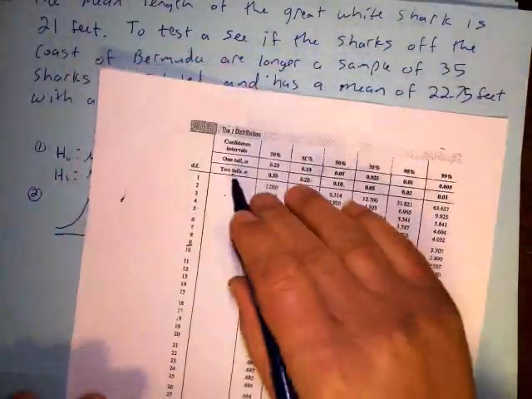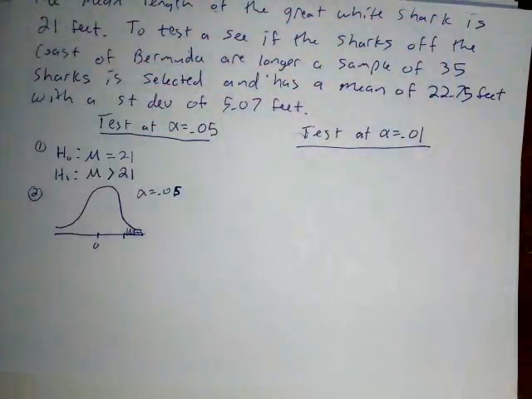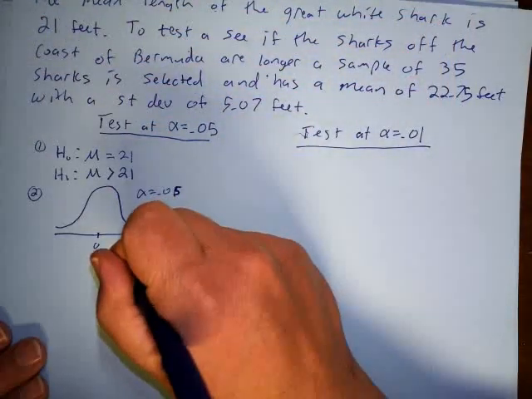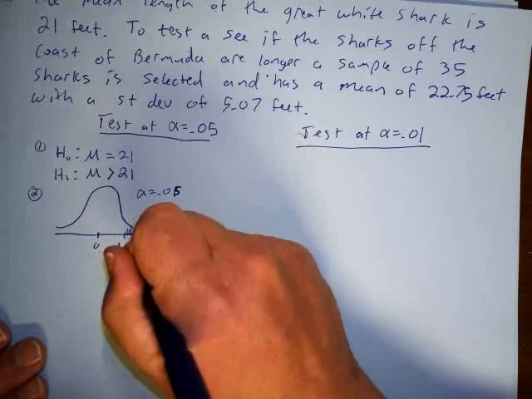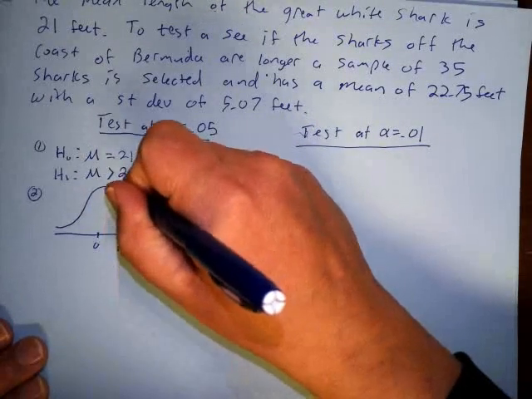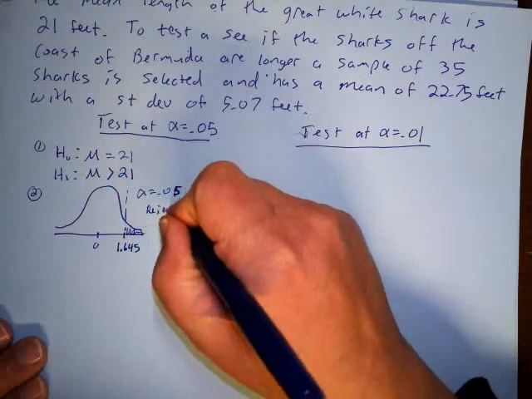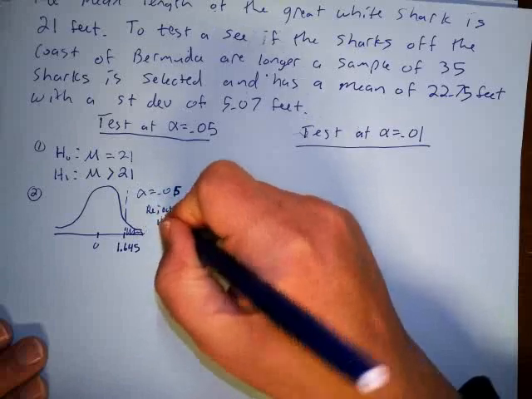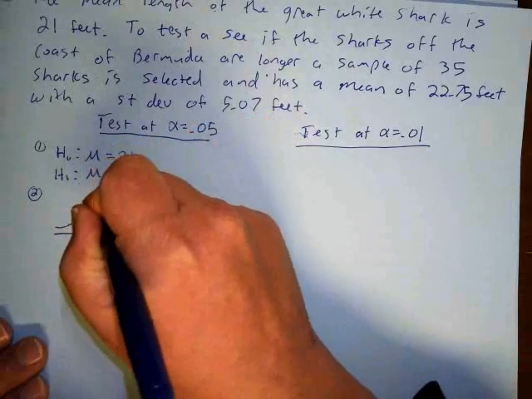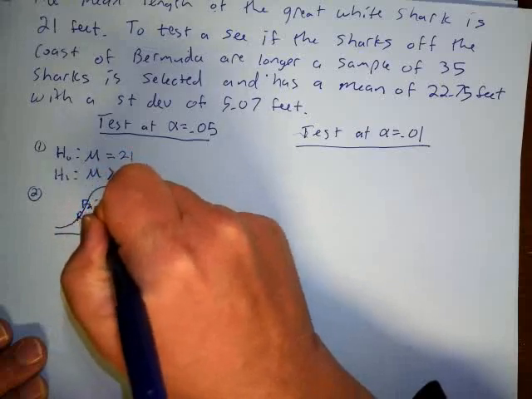Going down to the bottom, I have a critical z value of 1.645. This side will be reject H naught, and over here is fail to reject H naught.